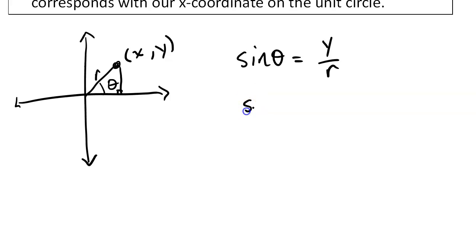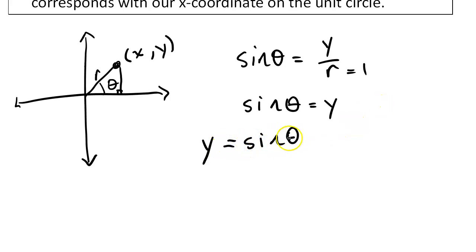Then we use the unit circle to make r equal to 1, and that gave us that sine is just y. So now, using sine is equal to y, we can graph y versus theta, or versus the input. So y versus theta, sine theta.